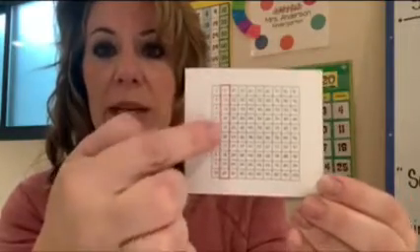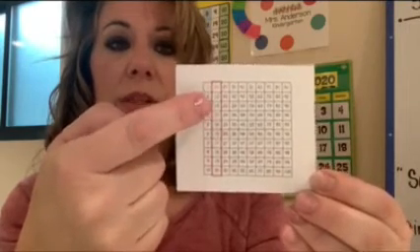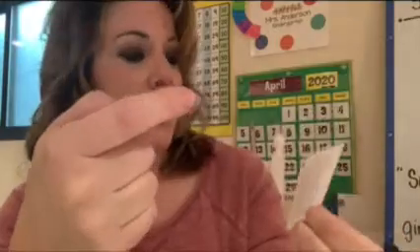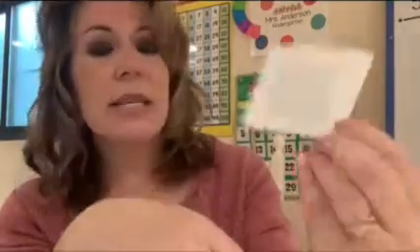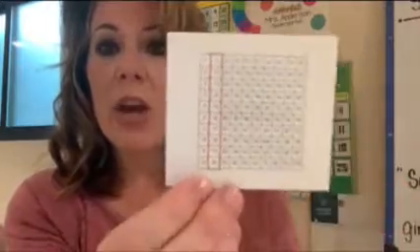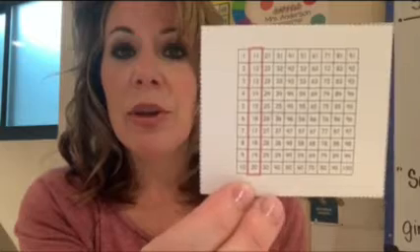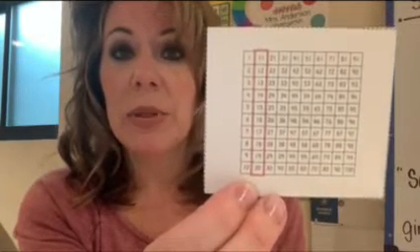So they have put a rectangle around 11, 12, 13, 14, 15, 16, 17, 18, 19, 20. They have put a rectangle down the column of our teen numbers. Okay, good.